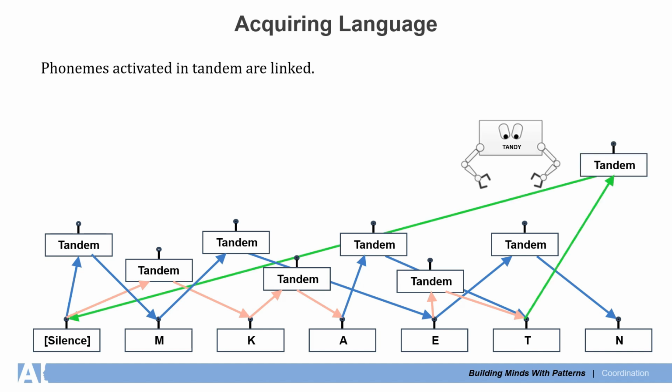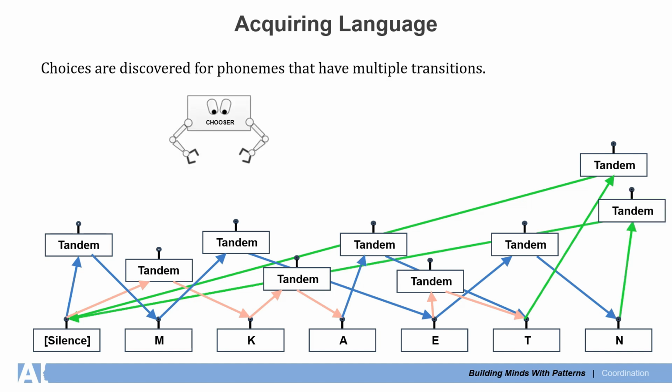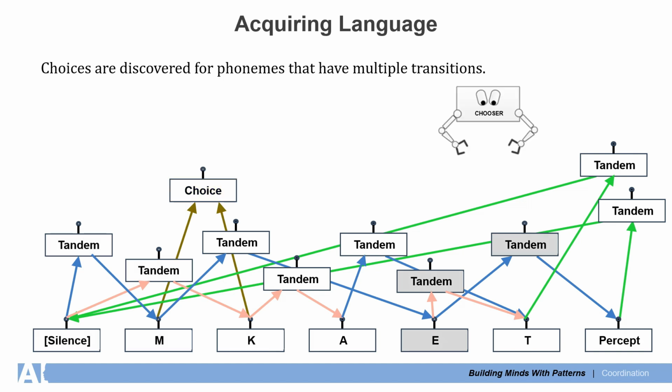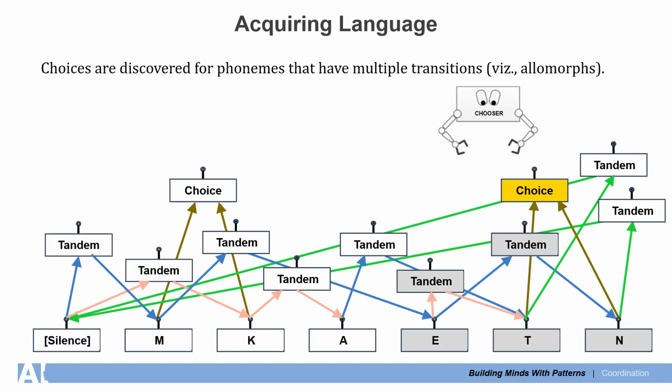These phonemes are activated in tandem and they are linked. Choices are discovered for phonemes that have multiple transitions. These multiple transitions are known as allomorphs.